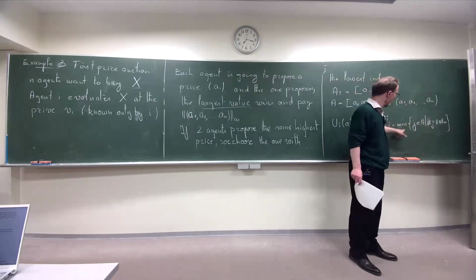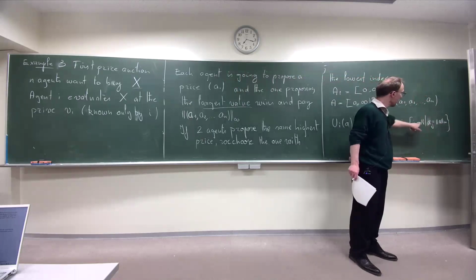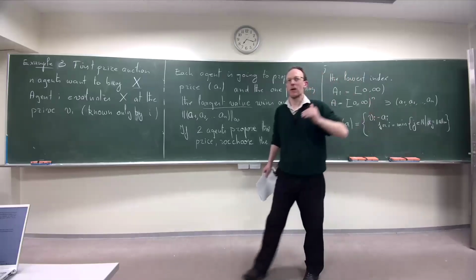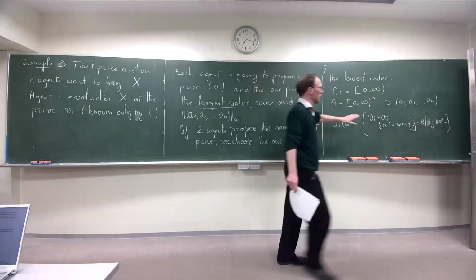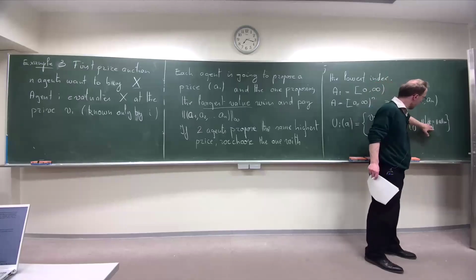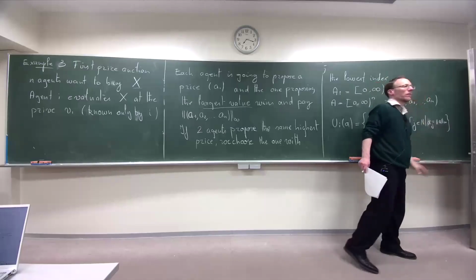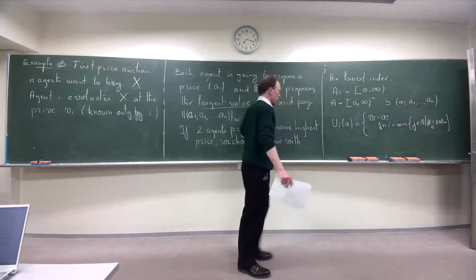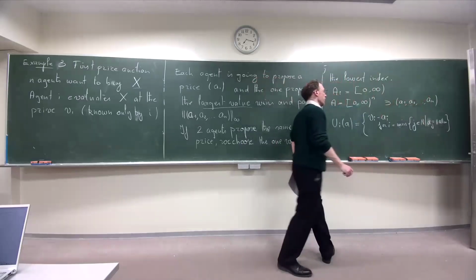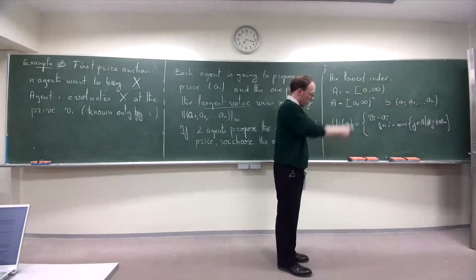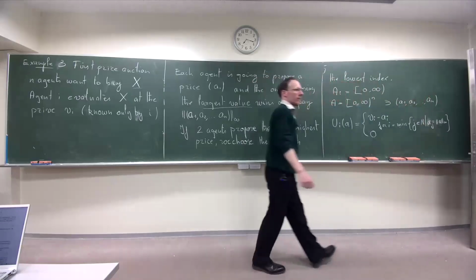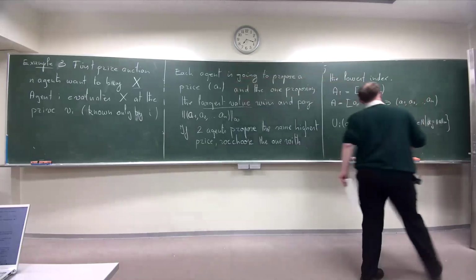So this is the way we choose the minimum index if we have more than one agent which proposes a maximal price. So this is the utility value for the winner. And for the other ones, it's 0 otherwise.